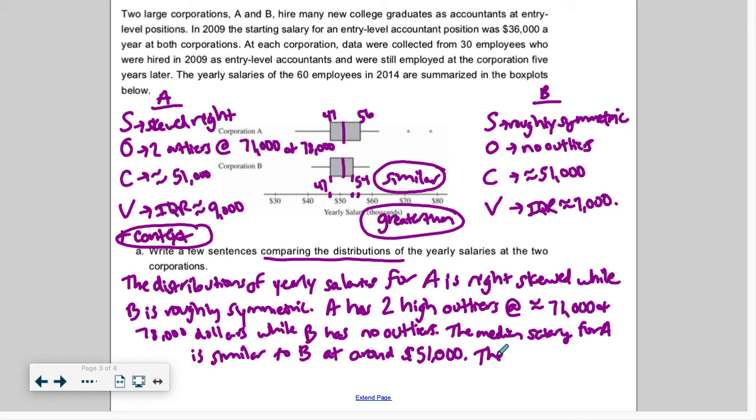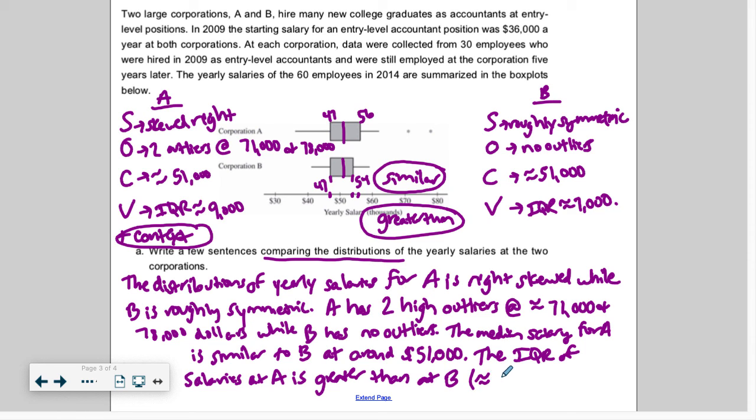So the IQR of salaries at A is greater than at B, and then because I want to have the numbers in there somewhere, I'll just put in parentheses.